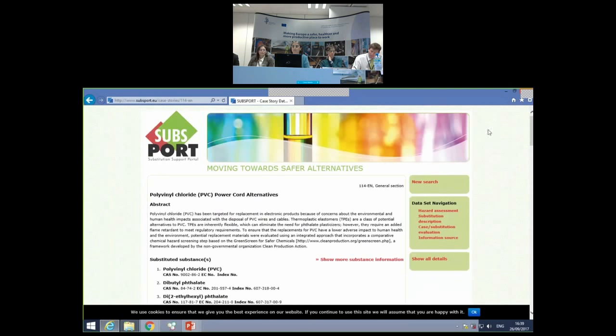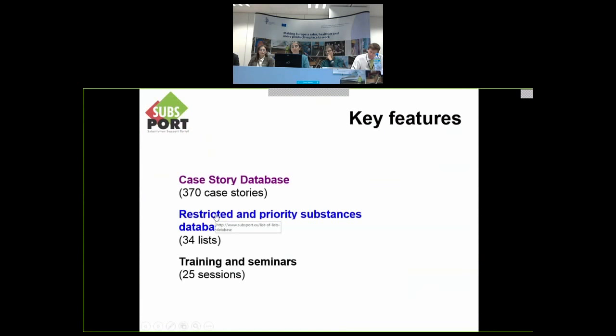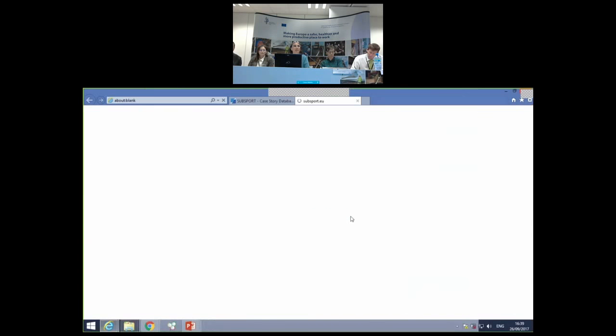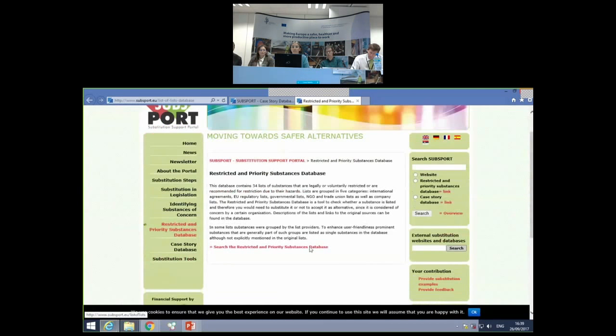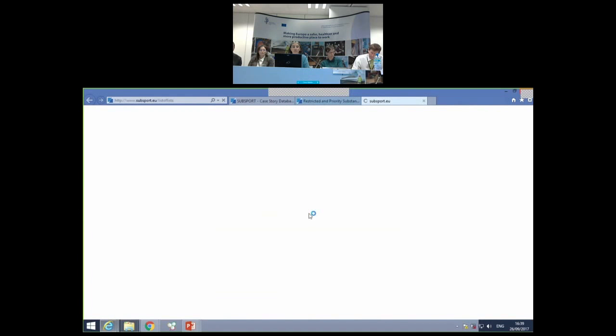And okay, another key feature is the restricted and priority substance database. Here we compiled information from 34 lists. These are governmental lists, lists from NGOs, from trade unions.